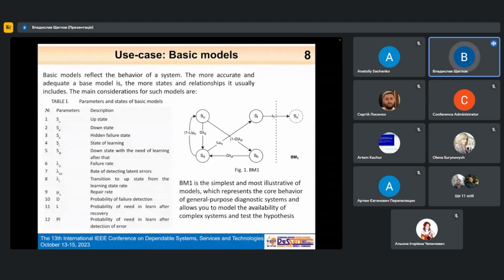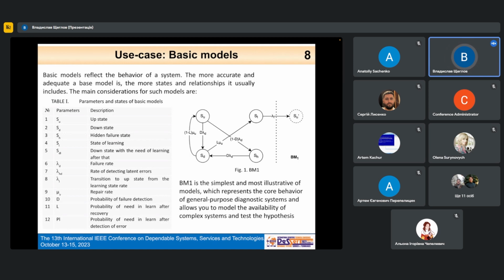So we selected basic model 1 for analysis and for simulation because, yes, it is quite simple, but at the same time it is illustrative and contains all the necessary physics that allow us to test our hypothesis. And let's see the structure of this model. In table 1, it consists of states, transitions, and parameters.